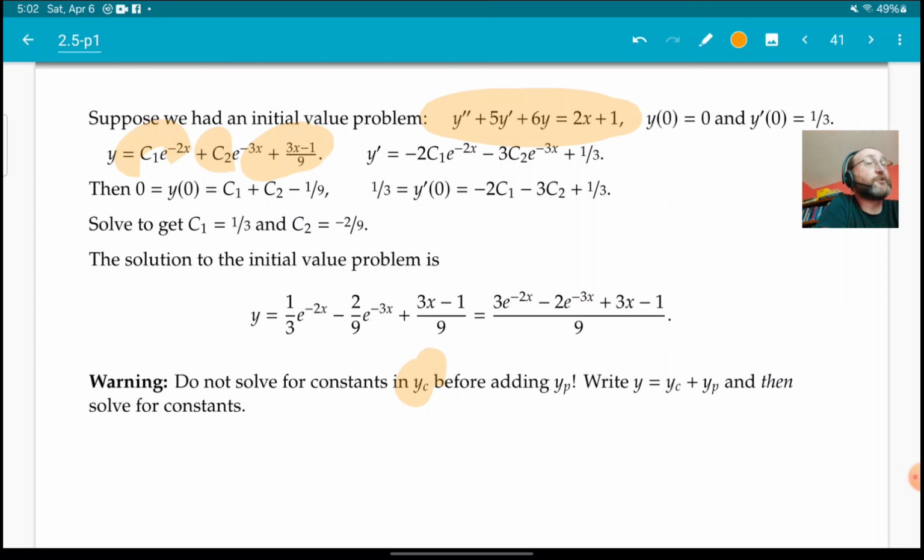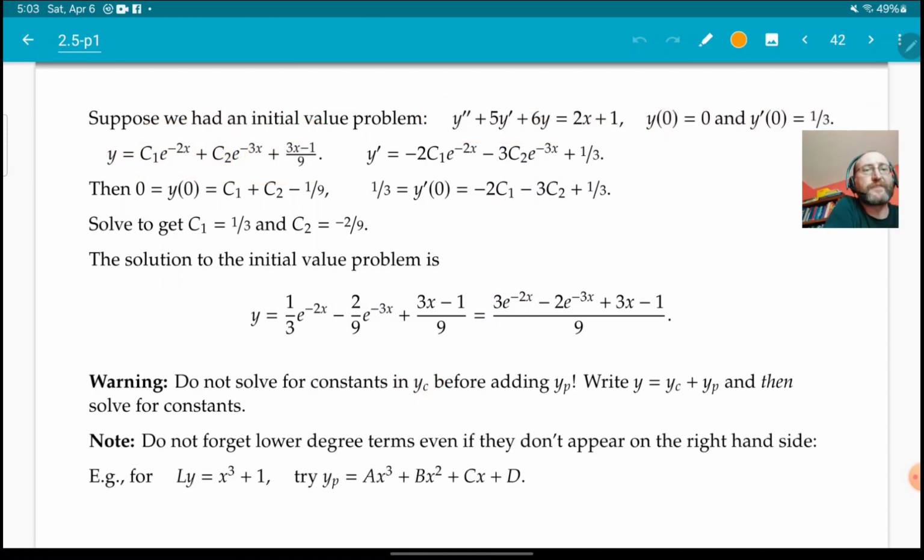It would give you some nonsense numbers if you solved for the conditions in y sub c instead of in y, the solution to this equation. You want this to satisfy these initial conditions.